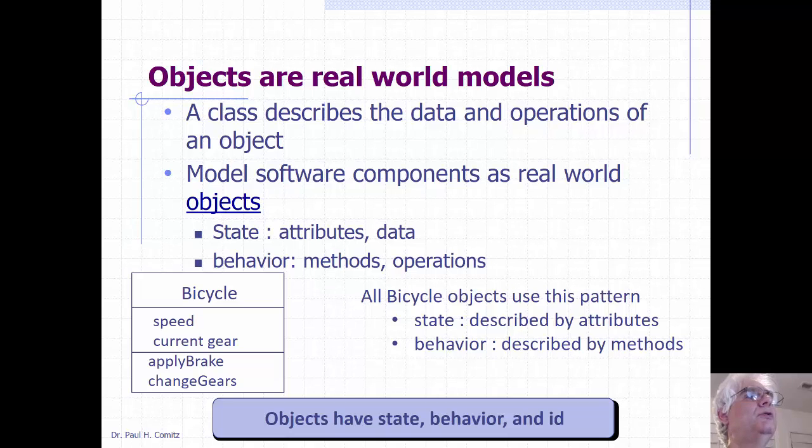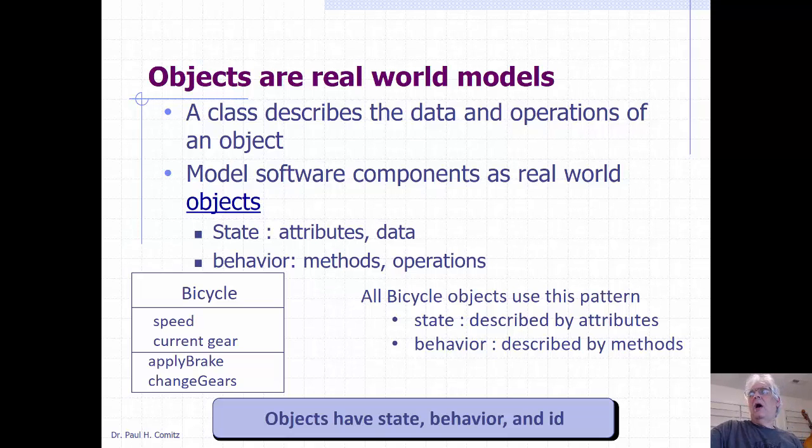The attributes or the data go in the middle here, and this is not meant to be exhaustive or anything. There's a lot more we can say about bicycles, but for example, speed and current gear are some example attributes for a bicycle.